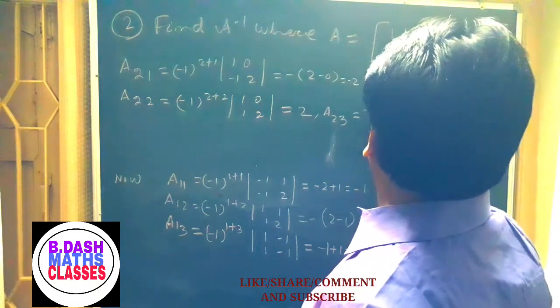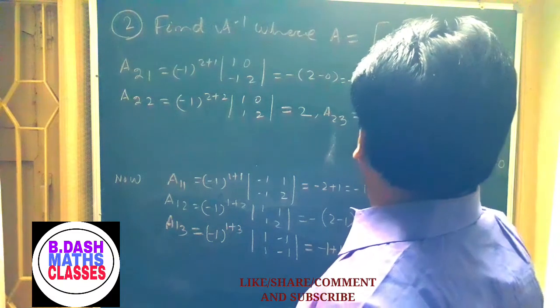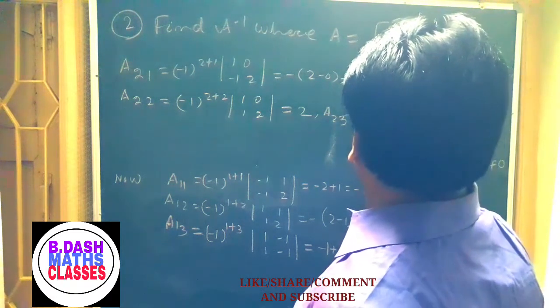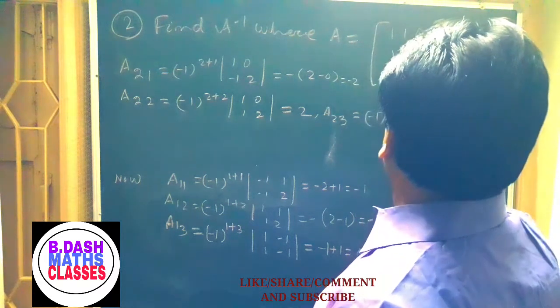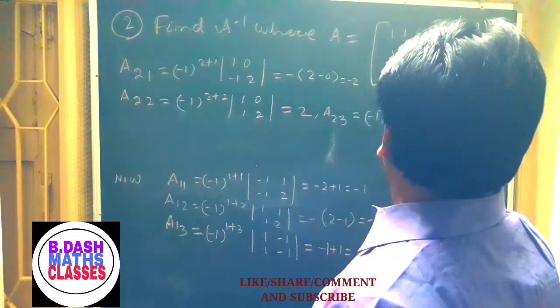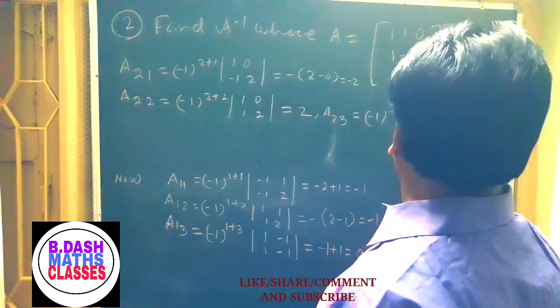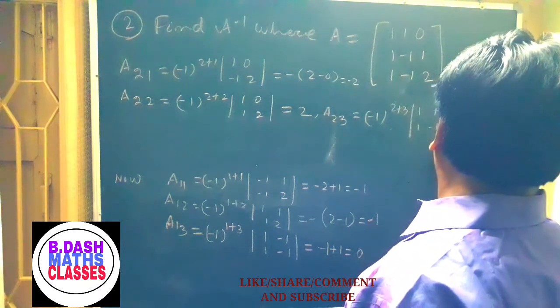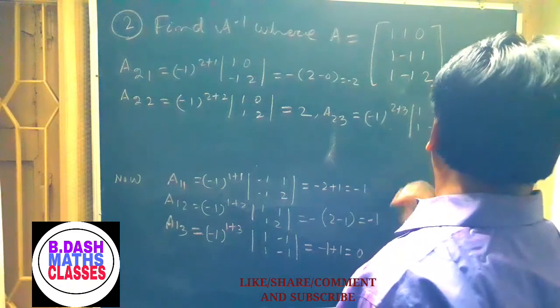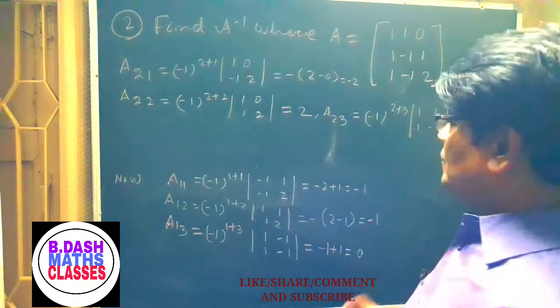So this will be 1 1, 1 minus 1, with minus 1 to the power 2 plus 3. This is minus of minus 1 minus 1, that is 2. So we are getting 2.